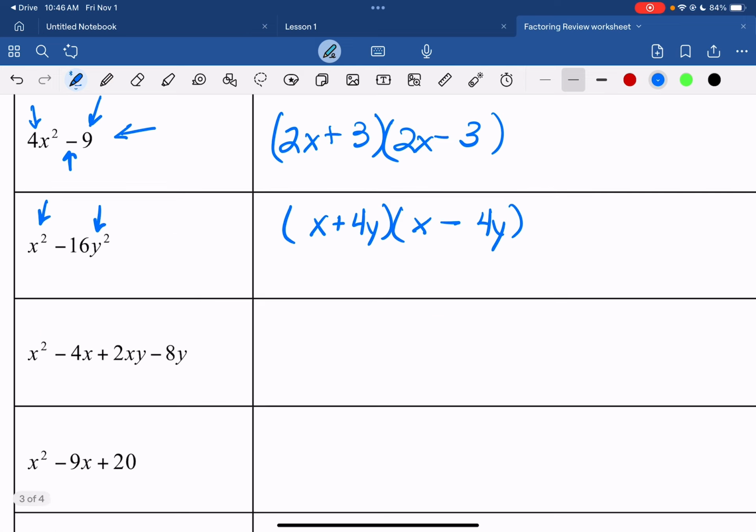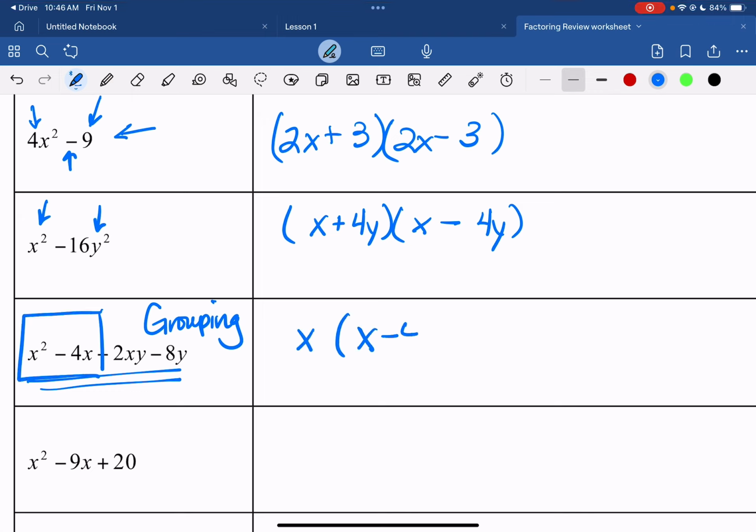This next one is 4 terms. So when we see 4 terms, we're automatically going to think about grouping. So let's go ahead and see this first section, what we can take out. So we take out an x, and we end up with x minus 4. And then we're going to add to that 2 can come out, and also y can come out.